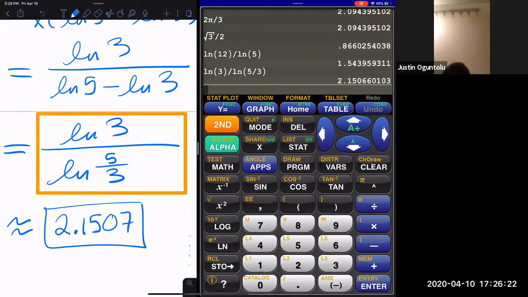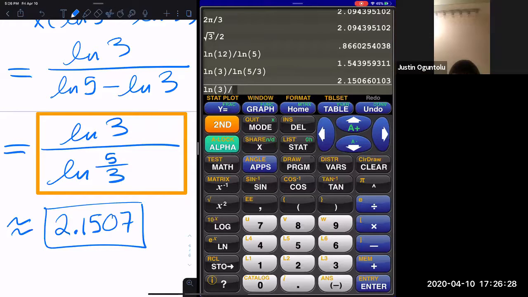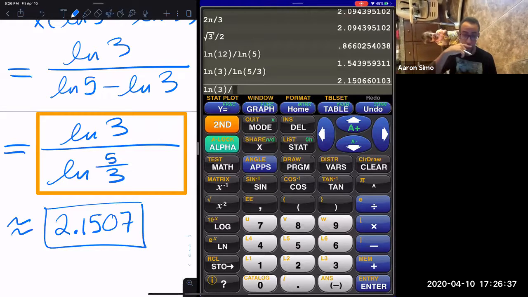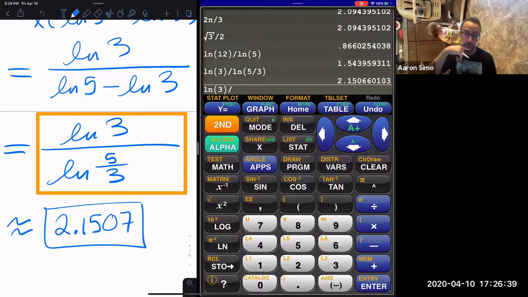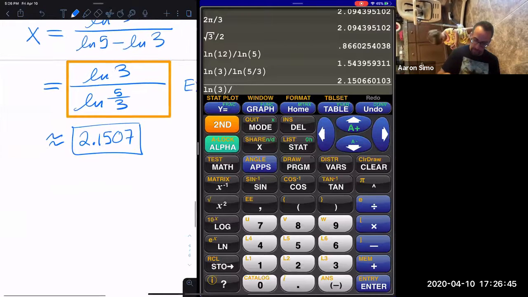On the top I had ln of 3, and on the bottom I typed in ln of 5 minus 3. But that's not right, huh? No, ln of 5 minus ln of 3 is not ln of 5 minus 3. You're using the property incorrectly. Make sure you're really good with the properties.